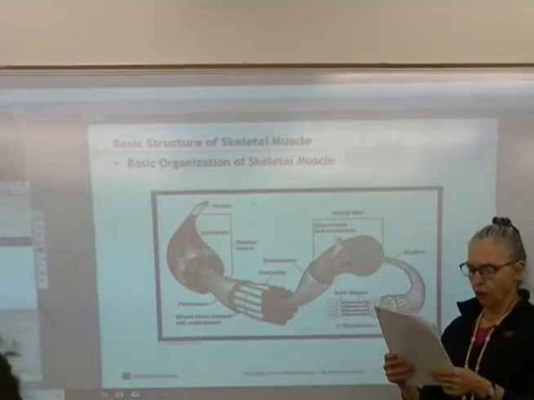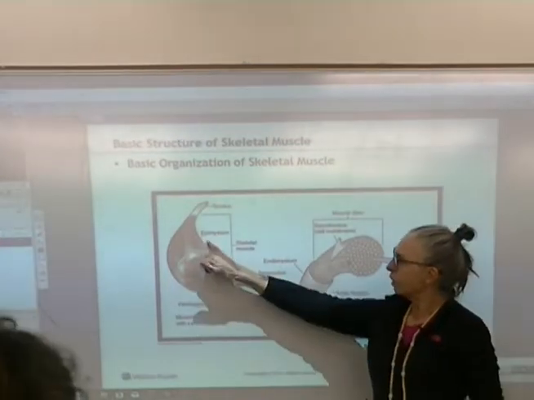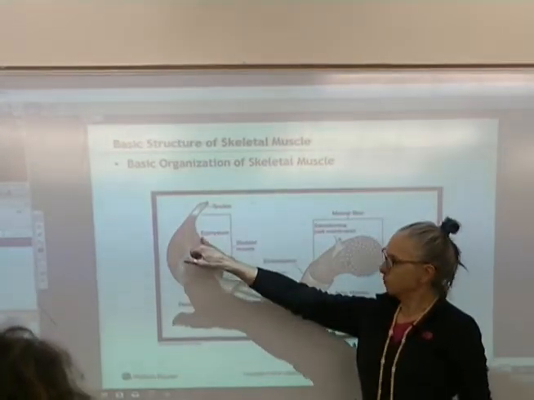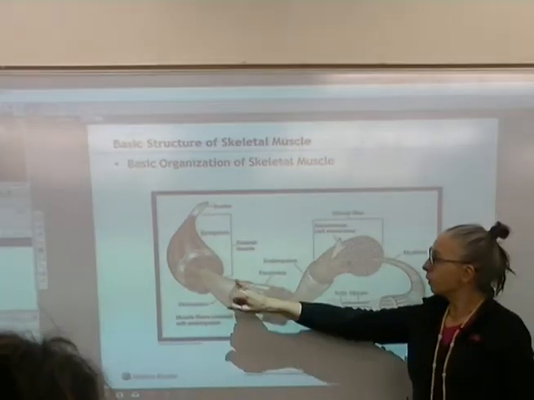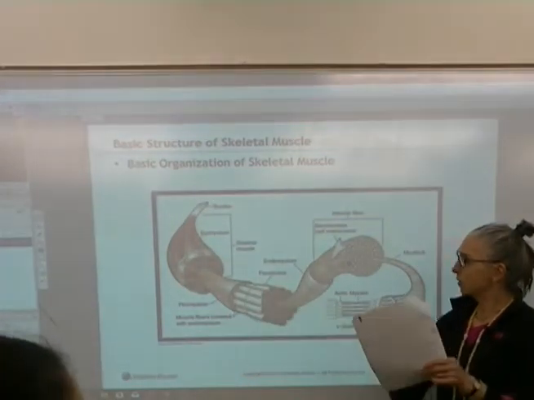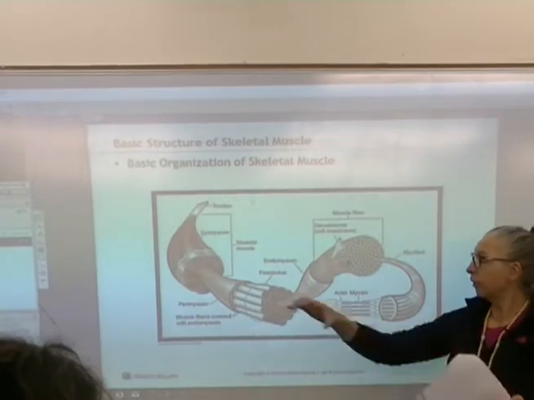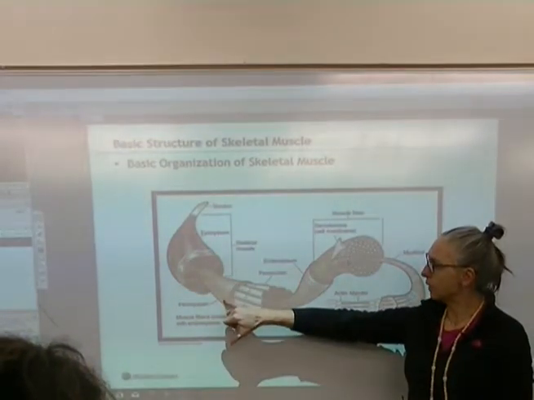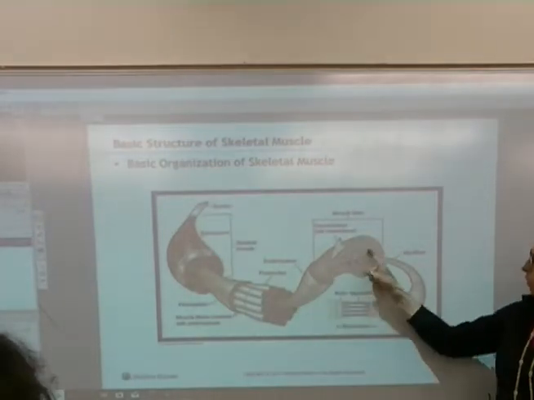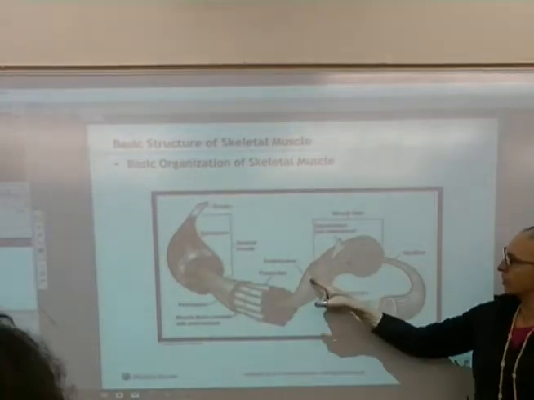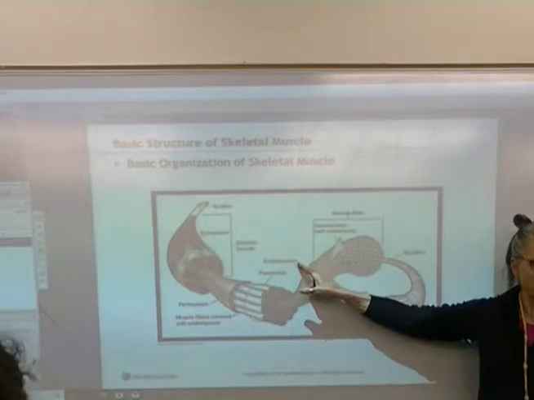On the outside, the connective tissue is called the epimysium. The next layer down, which bundles a fasciculi, that's the perimysium. And then the next layer down, which bundles the muscle cells, is the endomysium.